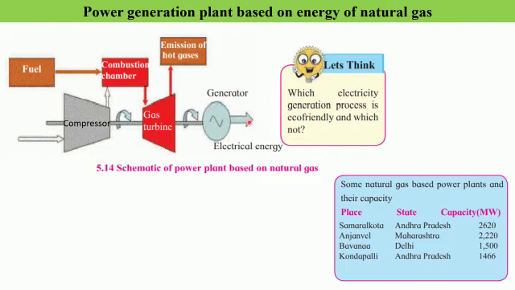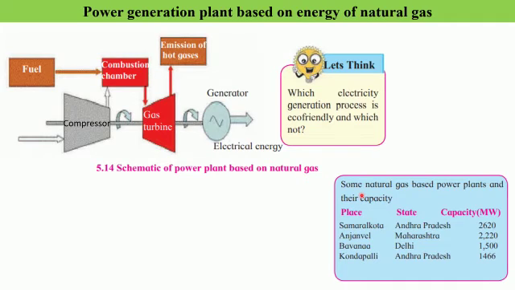So this is how electrical energy is produced with the help of natural gas. From one of the sides, hot gases are emitted out. So that is all about the power plant that is based on natural gas and produces electrical energy.